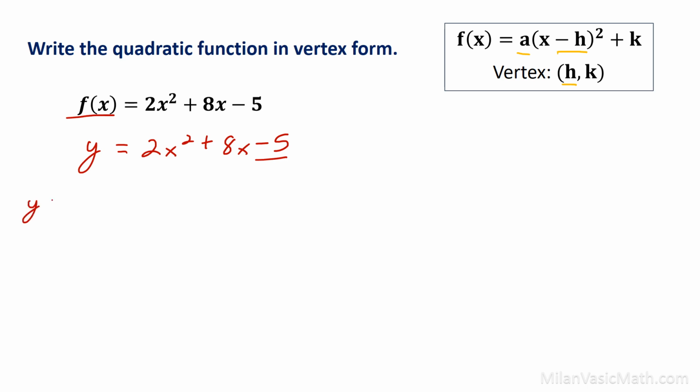So I will have y plus 5 equals 2x squared plus 8x. And when you're completing the square, you have to have the leading coefficient of x squared be 1. So for that, I will factor out a 2 from the right side.